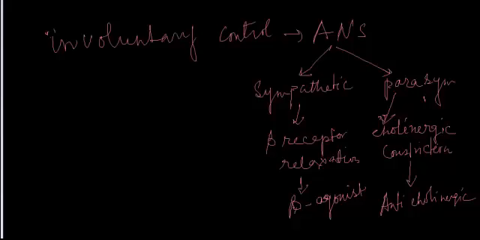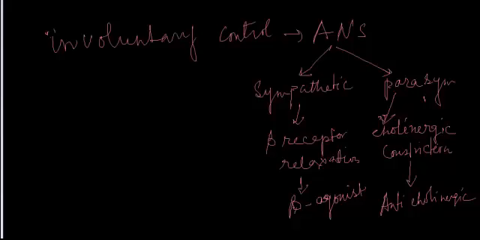The human respiratory system is under involuntary control. The autonomic nervous system has two components, sympathetic and parasympathetic. The sympathetic component is responsible for relaxation and the parasympathetic component is for constriction. We know sympathetic stimulation is mediated by beta receptors and parasympathetic stimulation by cholinergic receptors.